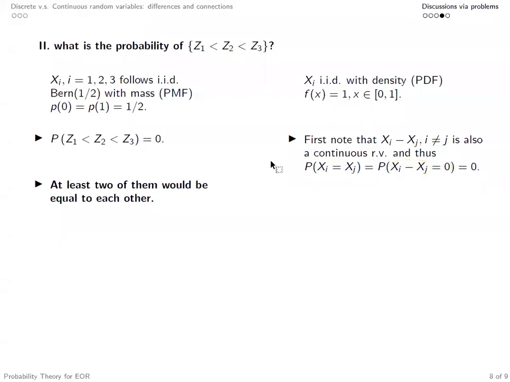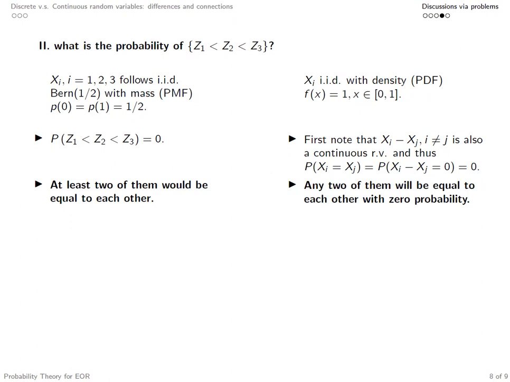Given it's always equal to 0, we know that any two of them being equal to each other never happens actually. It happens with 0 probability. So this one only happens with 0 probability.